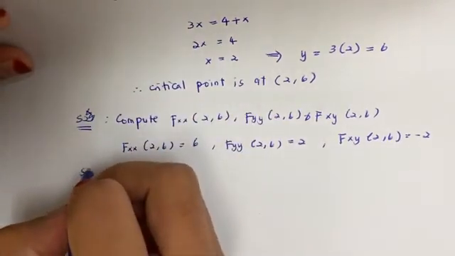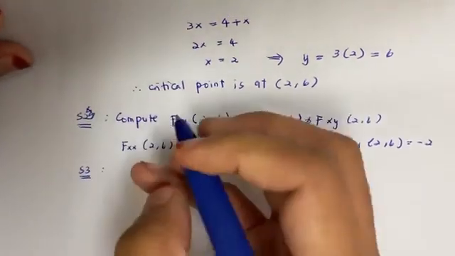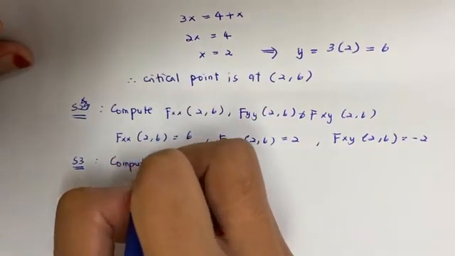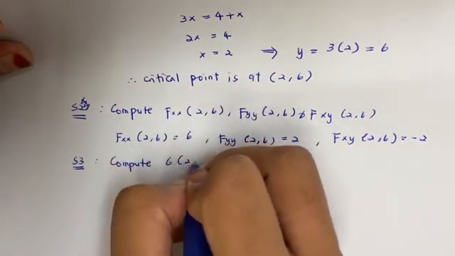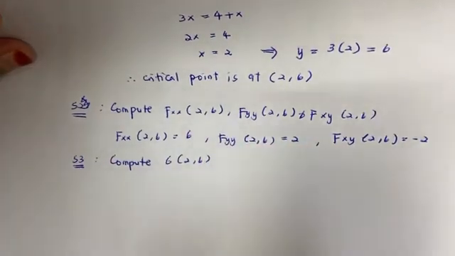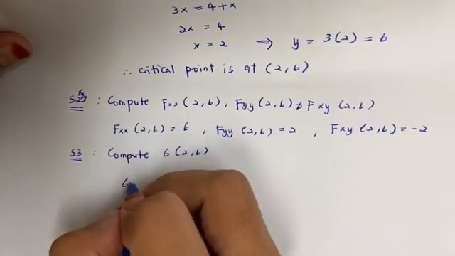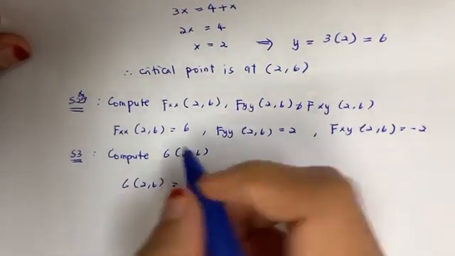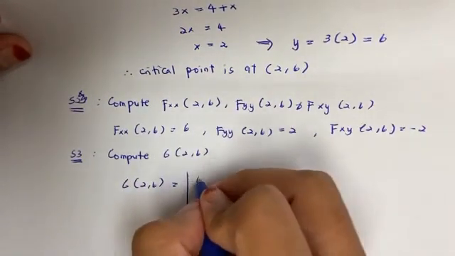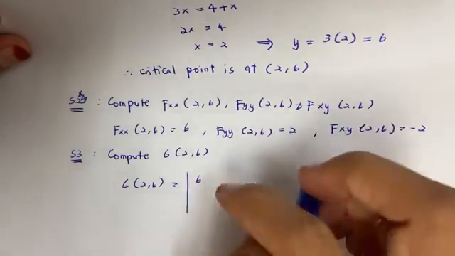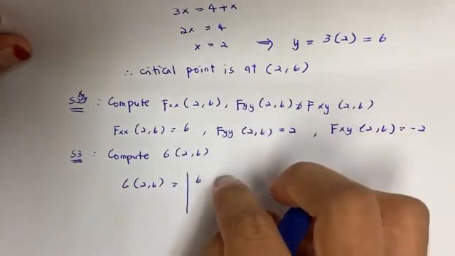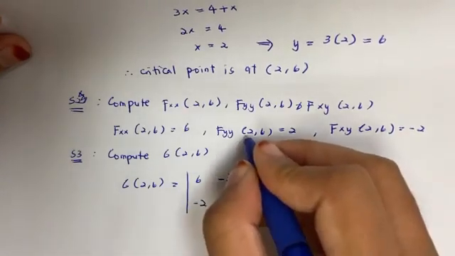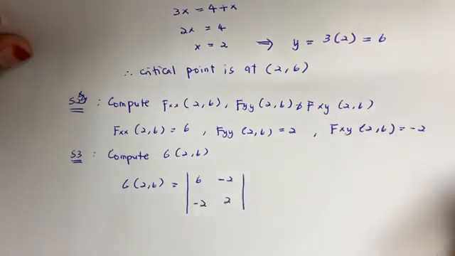Okay, so that's it for the second step. Next, moving to the third step. For the third step, you need to find G at 2, 6. Okay, so the formula for G at 2, 6 is equal to the determinant of fxx, fxy here, negative 2, another fxy here, and then fyy, 2.